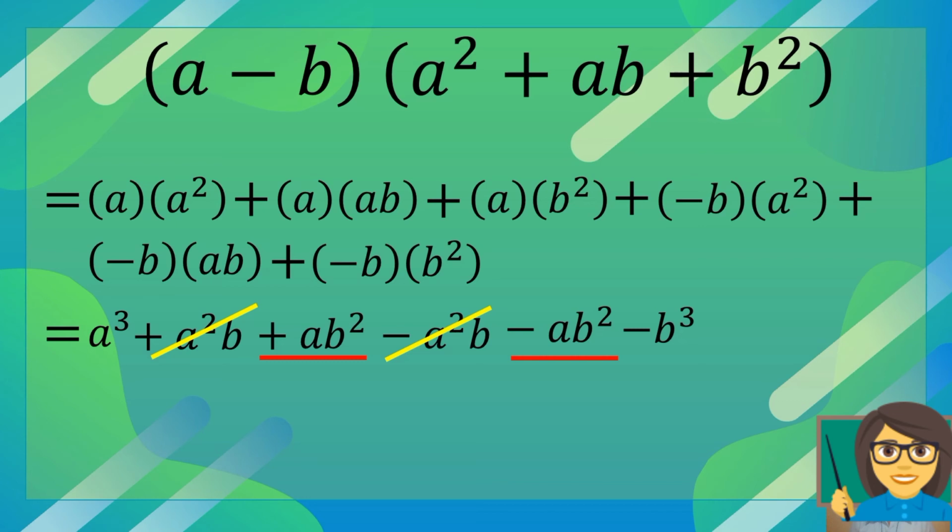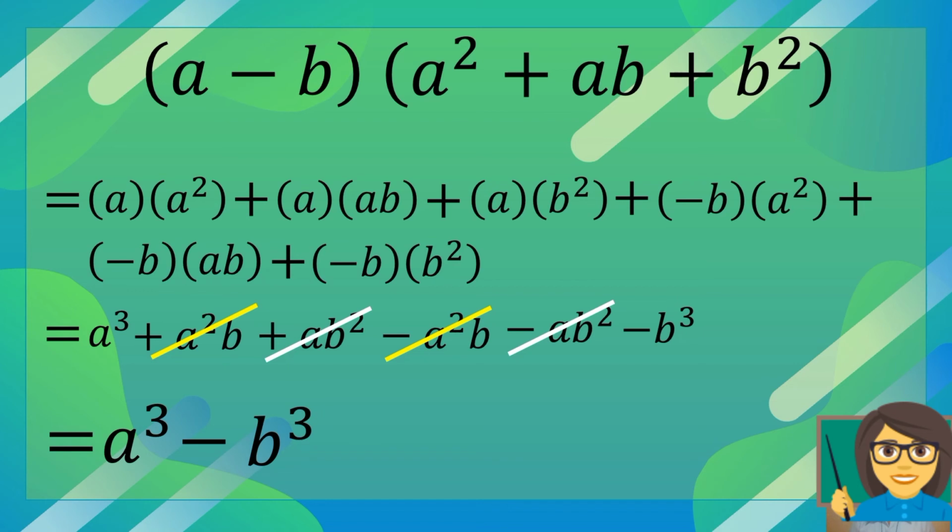They have different signs, so we need to subtract. ab squared minus ab squared is equal to 0. The remaining terms will be our product, and that is equal to a cubed minus b cubed.